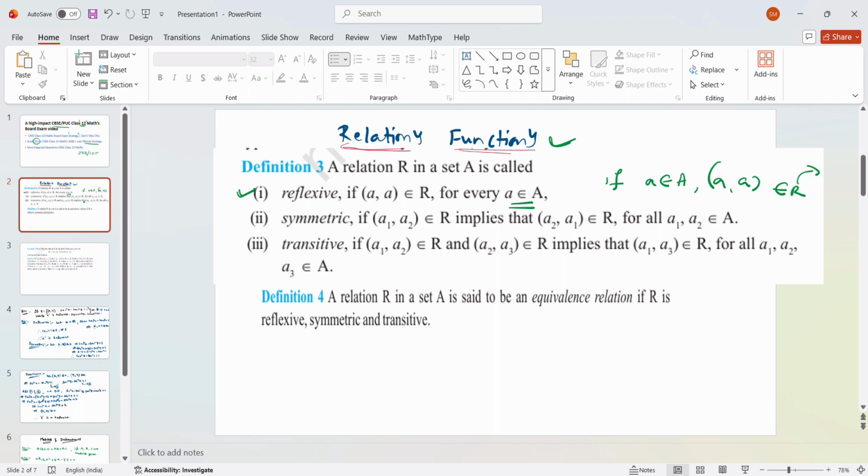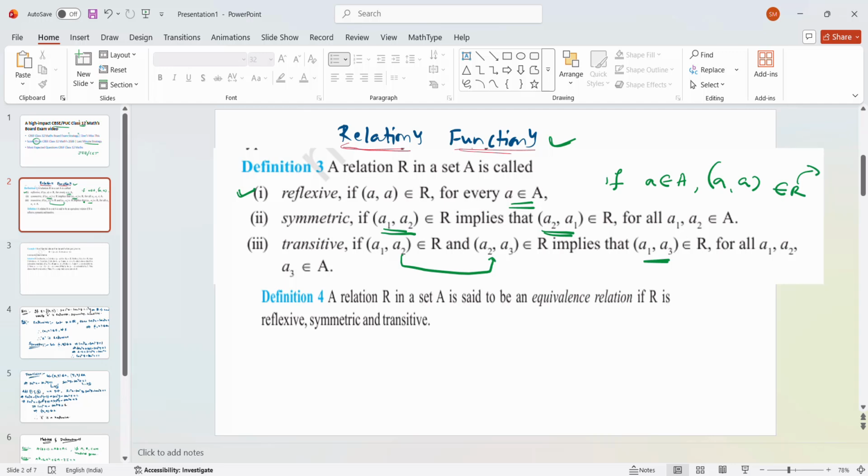The same as symmetry: (a1, a2) belongs to R implies (a2, a1) belongs to R. So we just interchange these elements, then we get symmetric relation. Whereas transitive relation is what? We have to connect these elements, and then we have to get (a1, a3) in R. So everyone knows all these definitions.